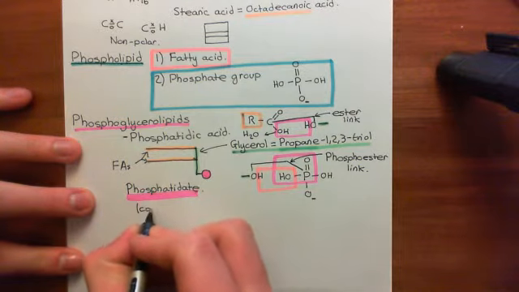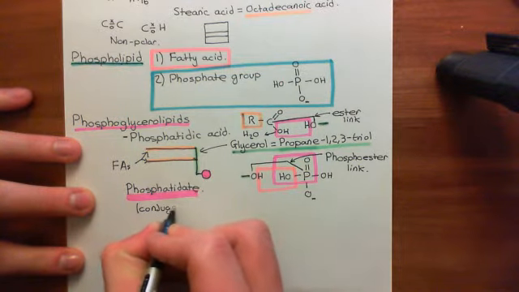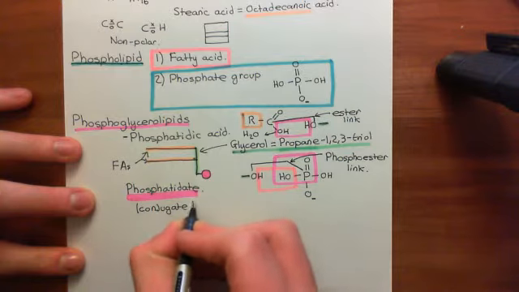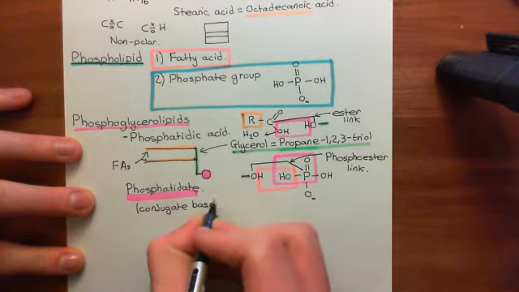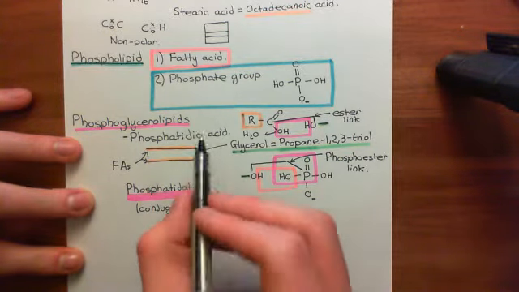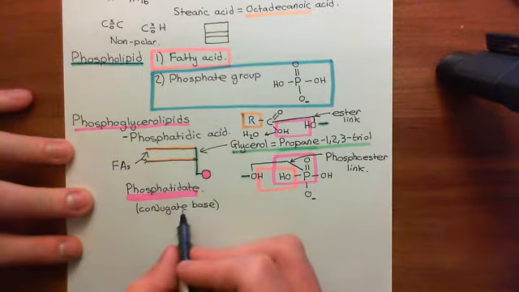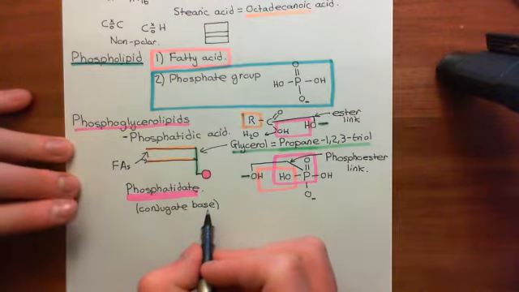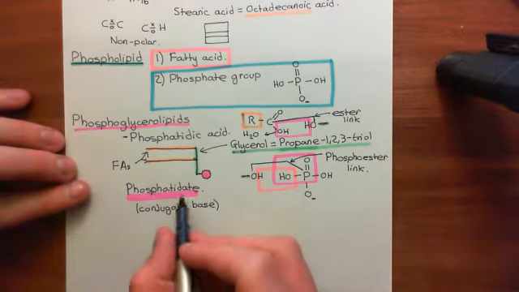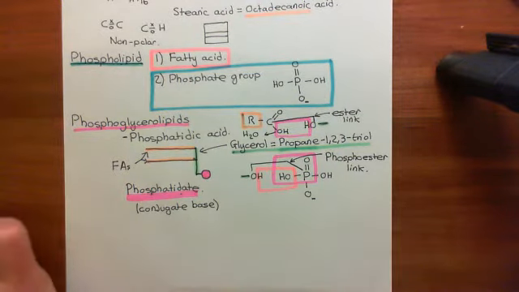Phosphatidate is what would be called the conjugate base of phosphatidic acid. Now what does that mean? Well, let's firstly discuss why phosphatidic acid is actually an acid, and then we'll come to what the conjugate base of an acid is, and then we'll arrive at what phosphatidate is.